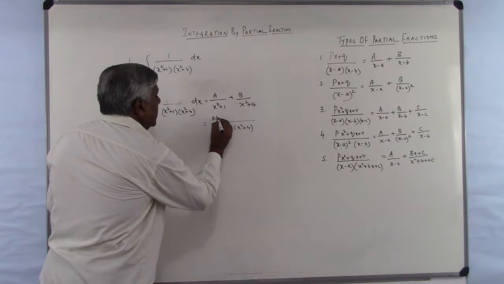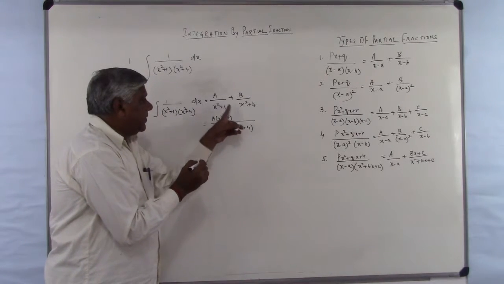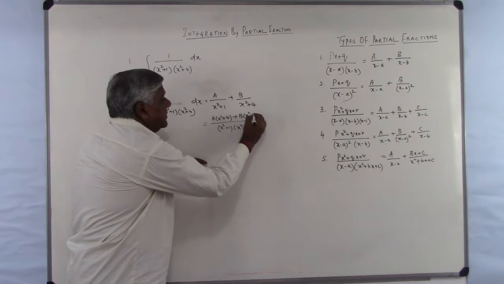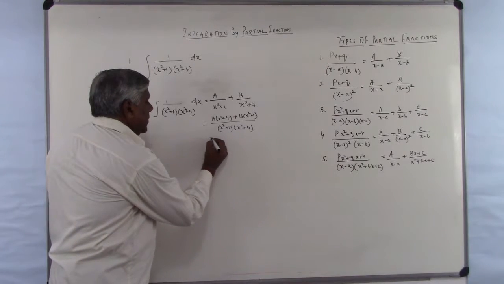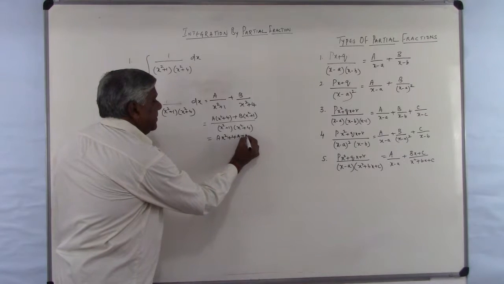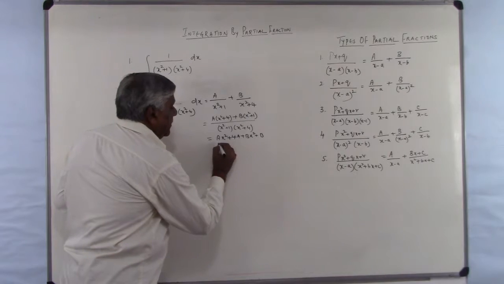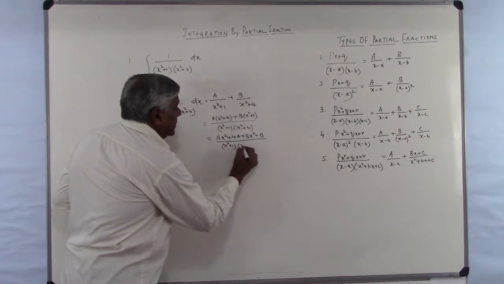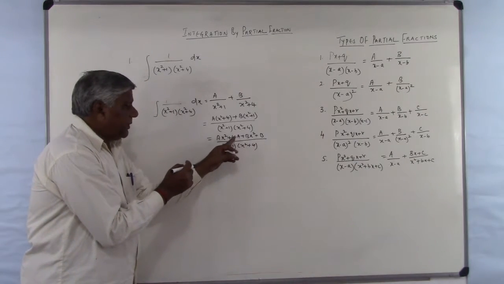Now a into (x square plus 4) plus b into (x square plus 1). Multiplying, ax square plus 4a plus bx square plus b, divided by (x square plus 1)(x square plus 4).